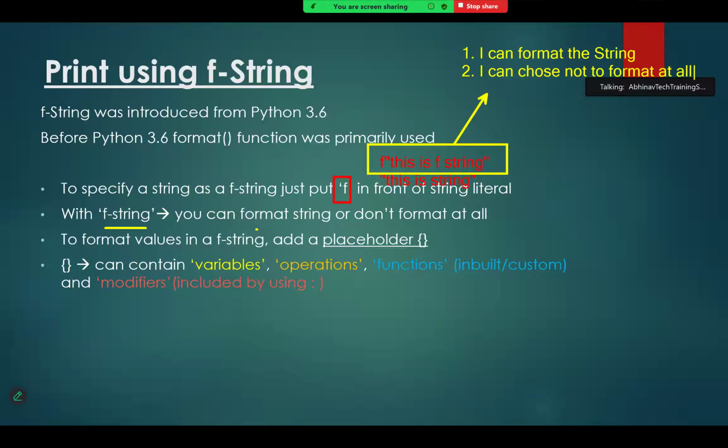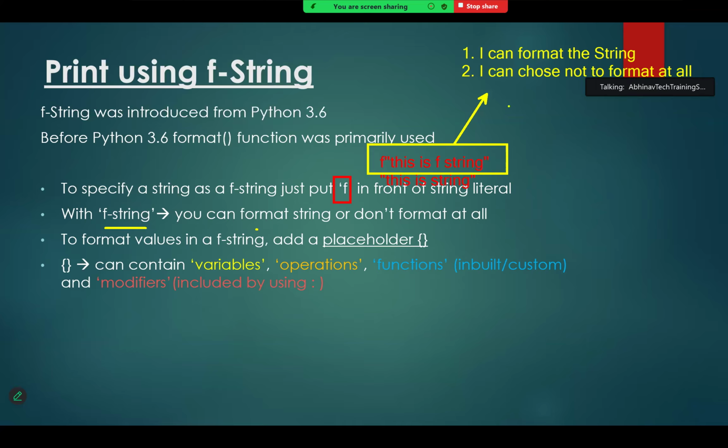There is no hard and fast rule, it is my choice. I can either format the string or leave it as it is, unformatted. This is the option that I get with f strings.